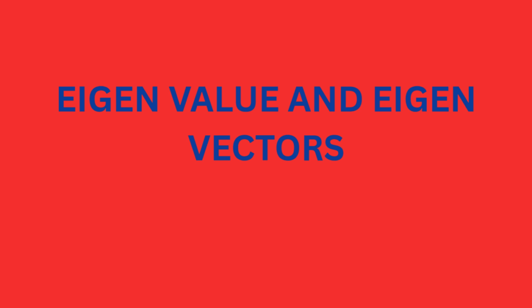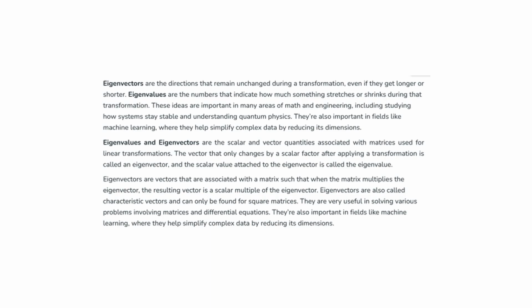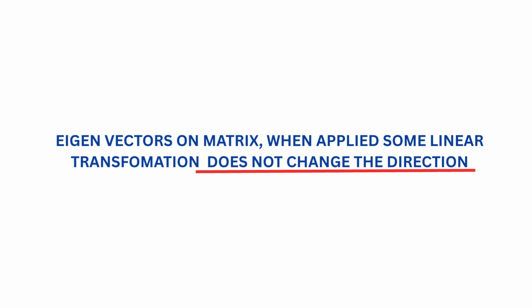Now learners, there are two important concepts which get much more interesting: eigenvectors and eigenvalues. First, what are eigenvectors? These are special vectors which, when a matrix acts on them, do not change direction. Listen carefully.